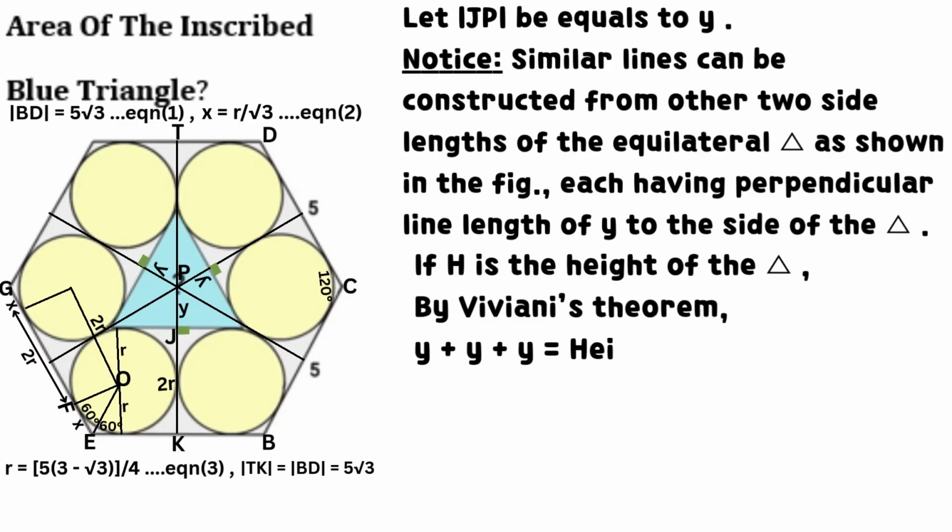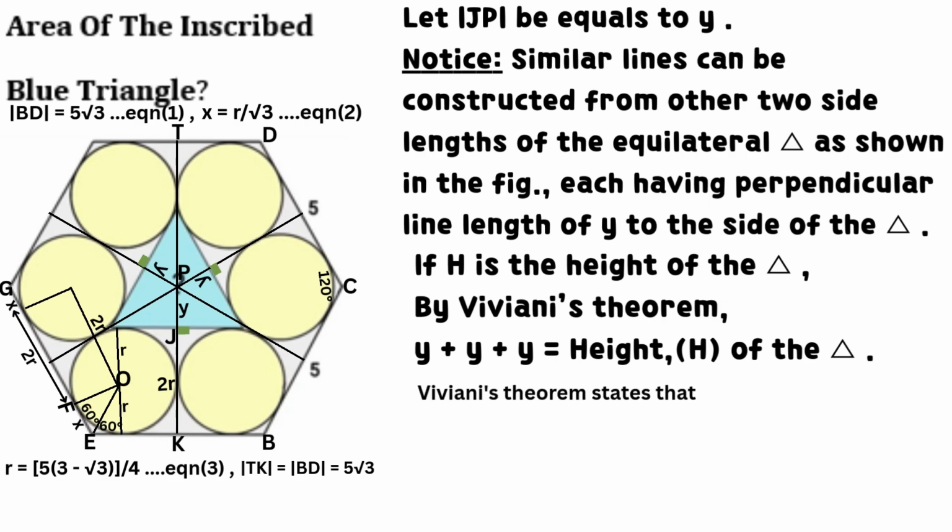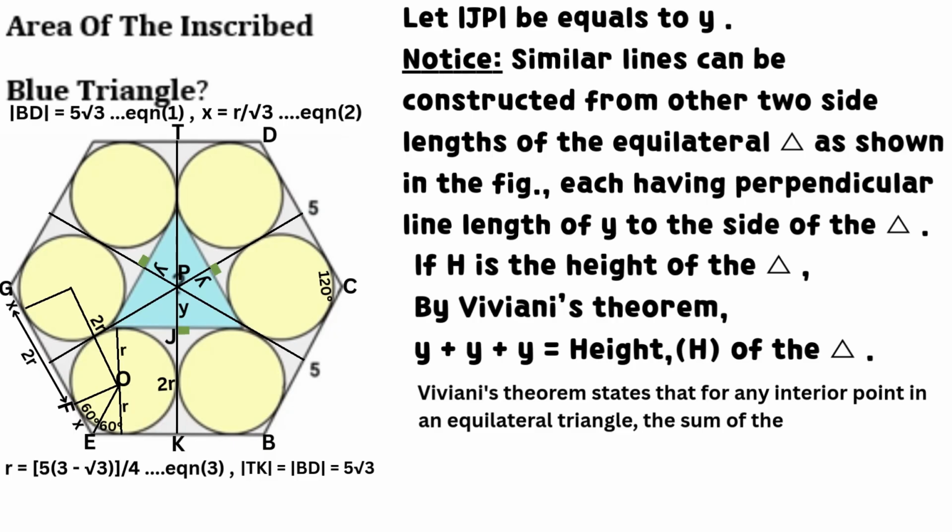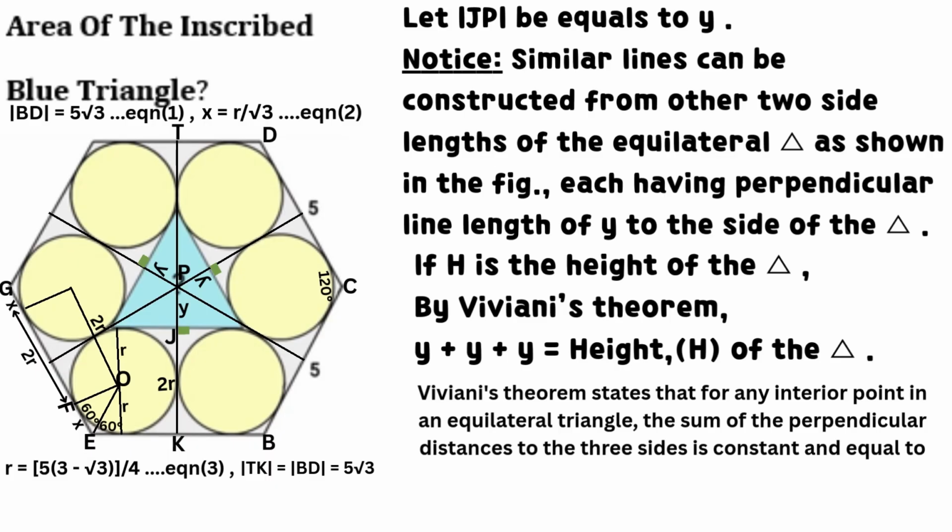If h is the height of the triangle, by Viviani's theorem, the sum of y plus y plus y equals the height h of the triangle. This theorem states that for any interior point in an equilateral triangle, the sum of the perpendicular distances to the three sides is constant and equal to the triangle's altitude.